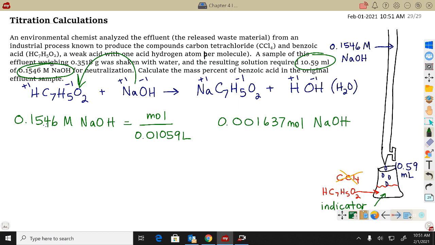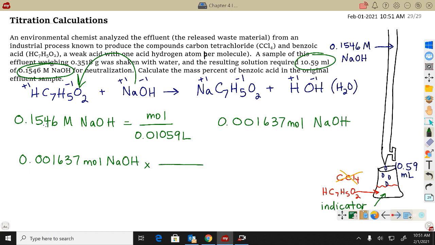Now I can do the stoichiometry, solution stoichiometry. Just in that I had to use solution data, molarities and volumes, to find moles, but then I can do stoichiometry. So I would then say, okay, 0.001637 moles of sodium hydroxide. Now let's do the stoichiometry.